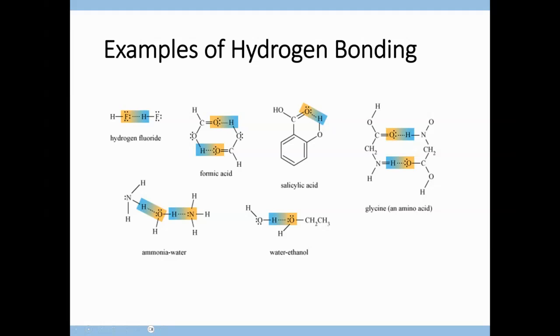Water-oxygen is hydrogen bonding interaction with the hydrogen on ammonia, and hydrogen on water with the nitrogen on ammonia. It can happen within a molecule. Salicylic acid is here, and geometry allows for the hydrogen bonded to oxygen to have a hydrogen bond with the other oxygen, and that's a stabilizing interaction within the molecule.